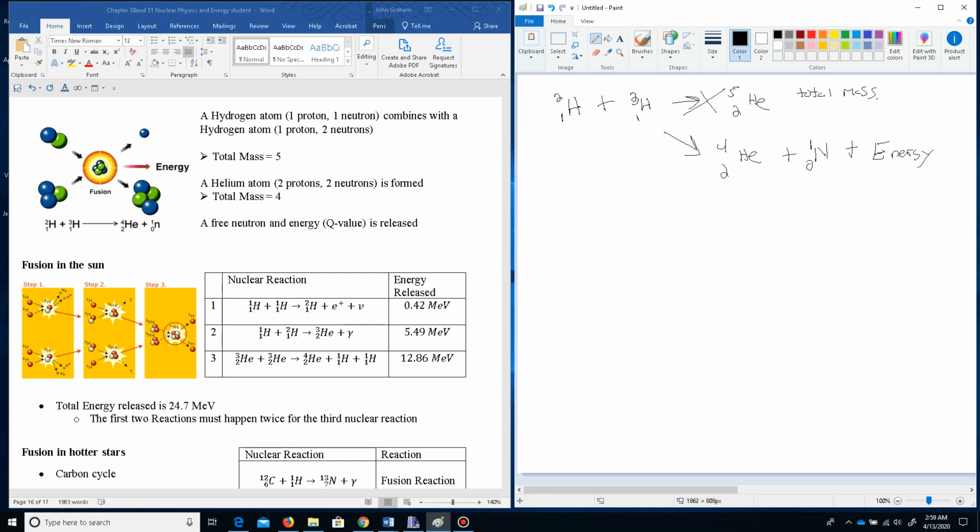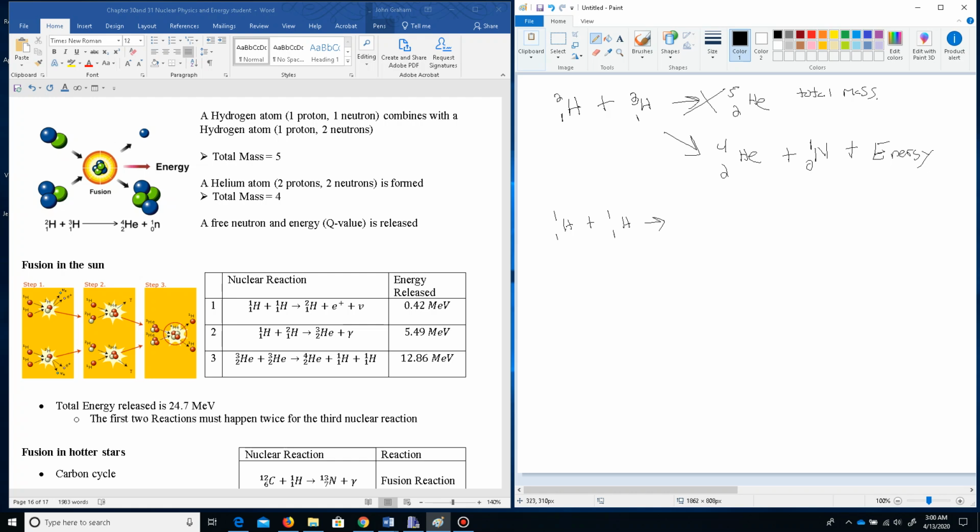If we look at fusion in the sun and hydrogen, we're going to start with one hydrogen combined with another hydrogen. I'm going to do this in a couple of steps.